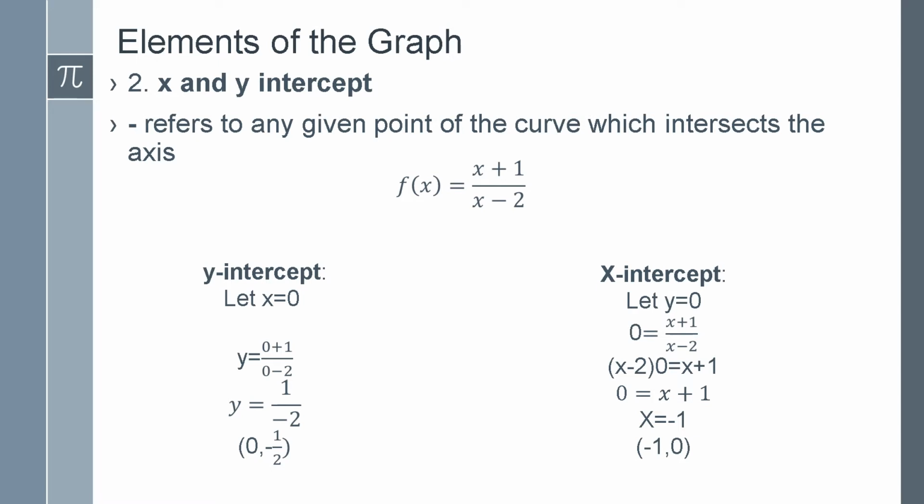So, x minus 2 times 0, automatically 0 yon because any number or variable multiplied by 0 will be always equal to 0. And then, 0 is equals to x plus 1. And then, let's transpose the 1 to the other side of the equation. Therefore, x is equals to negative 1. The resulting coordinates is negative 1, 0. Because this time, we only have the x value.